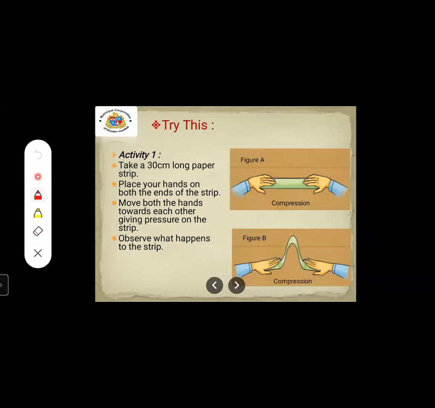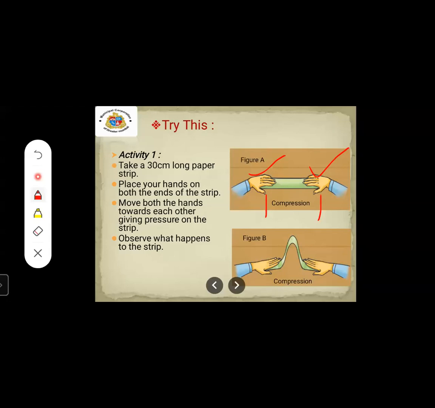Take a paper strip, about 30 centimeters long. Keep both your hands on the ends of the strip. Now move both hands towards each other, meaning give full pressure from both sides. You pull that strip. You can see what will happen.